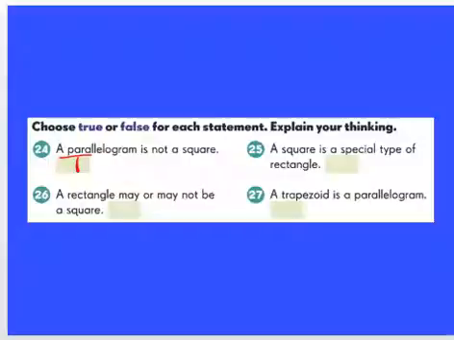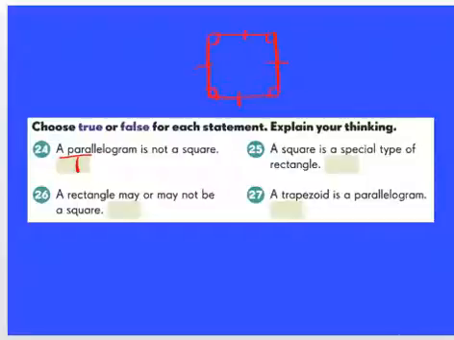A square is a special type of rectangle. So if I look at a square, that's not a good square. That looks more like a rectangle. Hold on. If I look at a square, I know that all sides are equal. They also have right angles, and they also have 2 pairs of parallel sides.